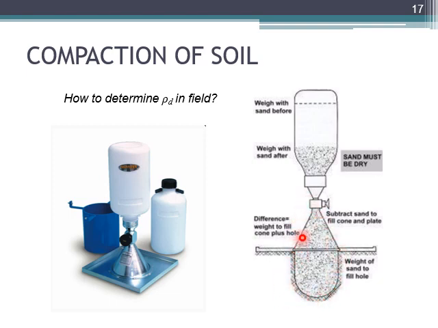Of course, the volume of the cone is known, so when you subtract it, you will obtain the volume of the hole. And then you can calculate the bulk density of the specimen.